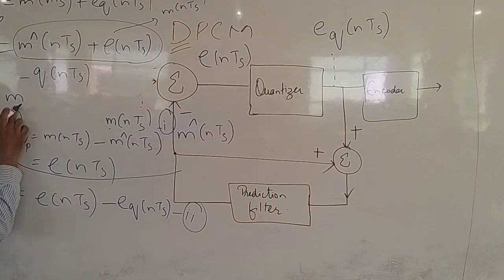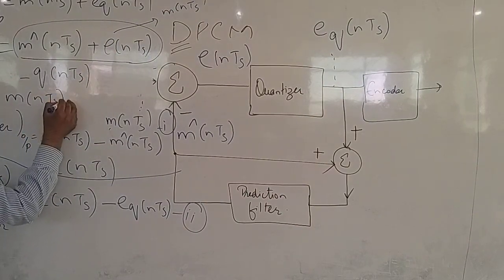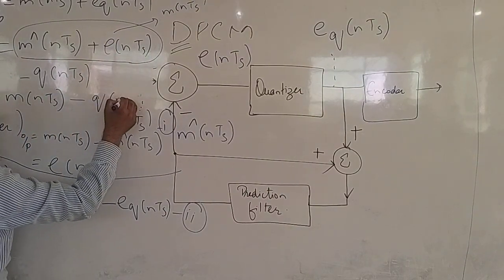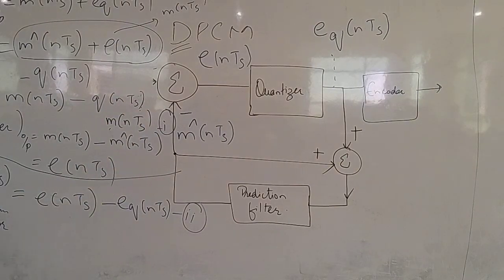From equation 1, therefore I will put m of NT of S minus Q of NT of S is the final equation.